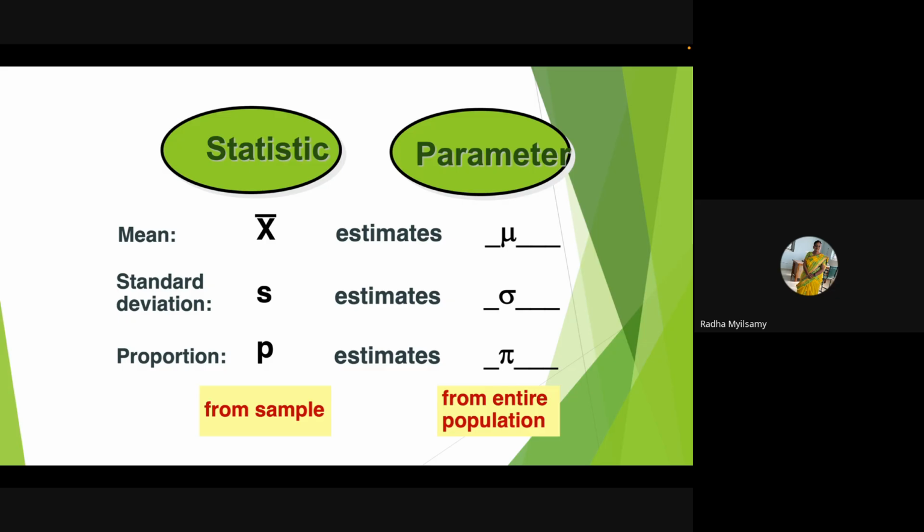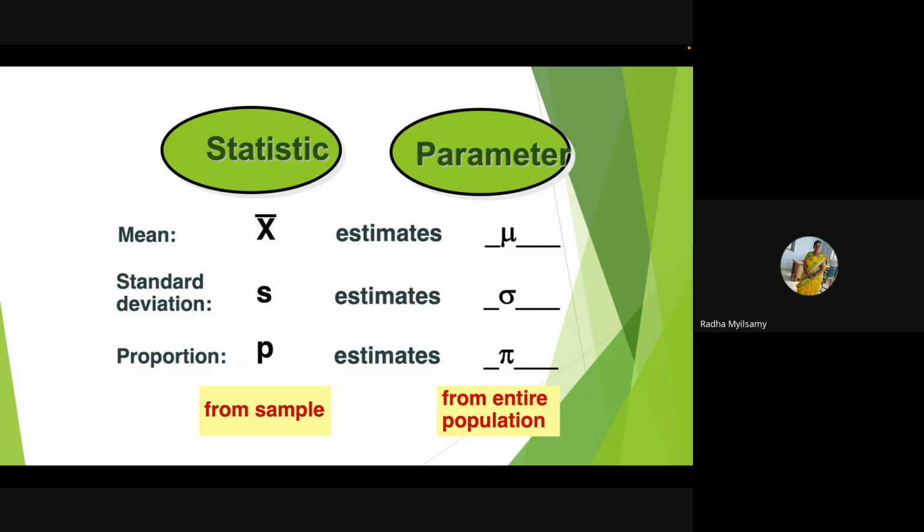Here there are two things in this topic, statistic and parameter. A parameter is a characteristic of the population, and a characteristic of the sample is called a statistic. Not statistics, it is statistic.